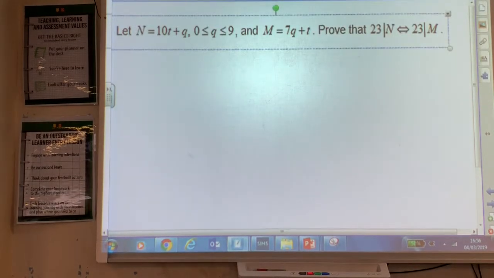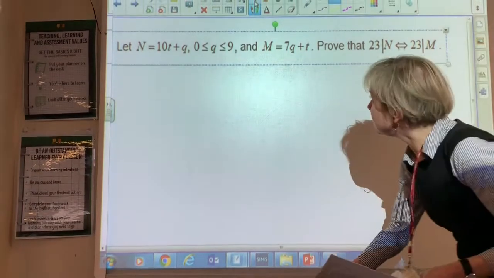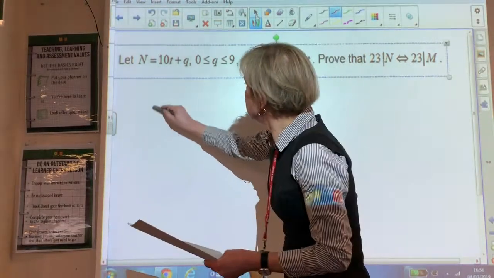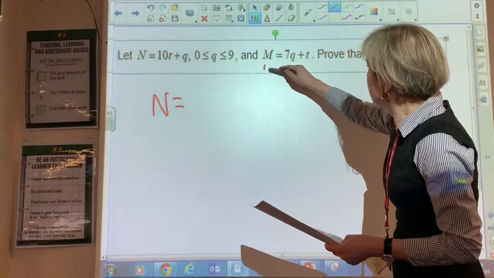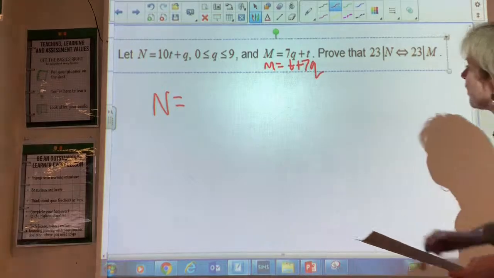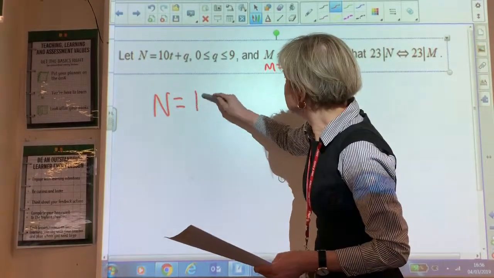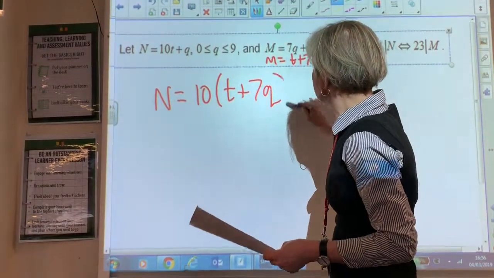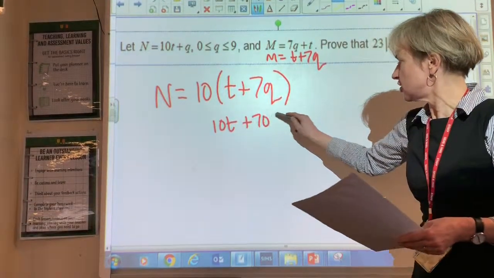So this is the first part. This is similar to what we were doing again. So I'm going to write n in terms of m. I know that m is 10t. I would feel that was easier if I wrote it round the other way. I can see that n is 10 times my m expression, and that's going to give me 10t plus 70q.